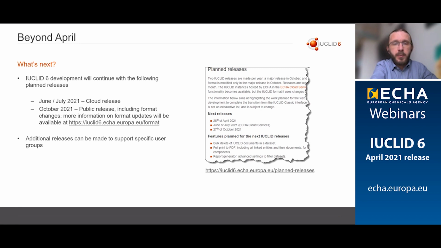As last year, we will publish as soon as available more information on format updates that are planned. There will be also additional releases of Euclid during the year if there is a need to support specific user groups. You can refer to the page on the Euclid website that will give you the latest information on the planned releases and also some information about their content.